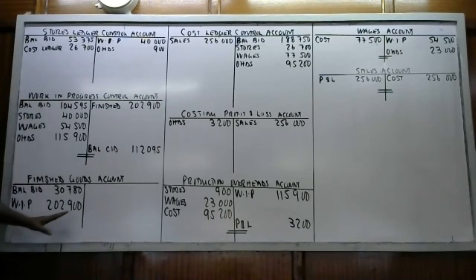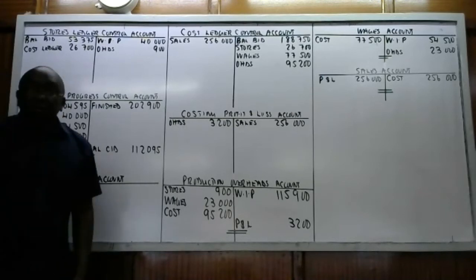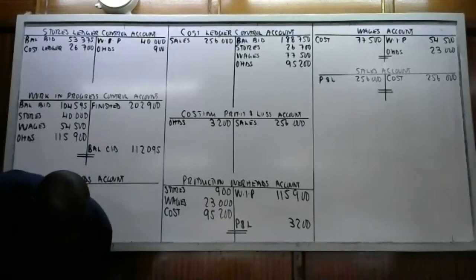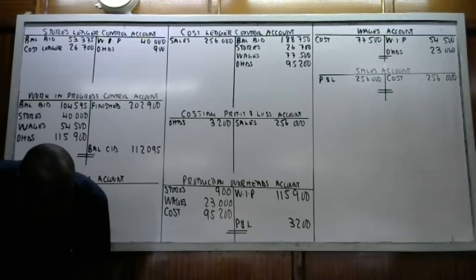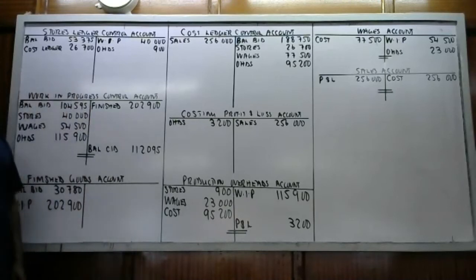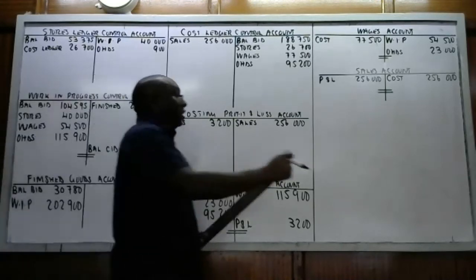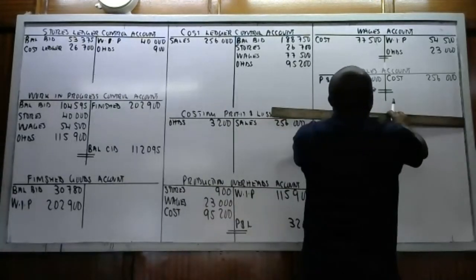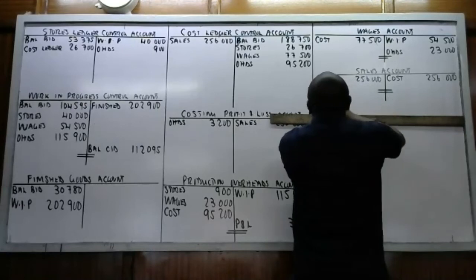Now, we have a balancing figure, but there is some information that we needed to have used. You see number 1 says the gross profit is 25% on factory costs. So we need the working.